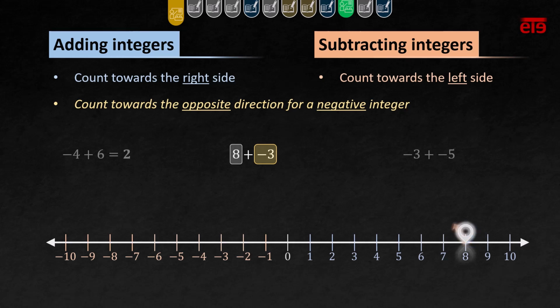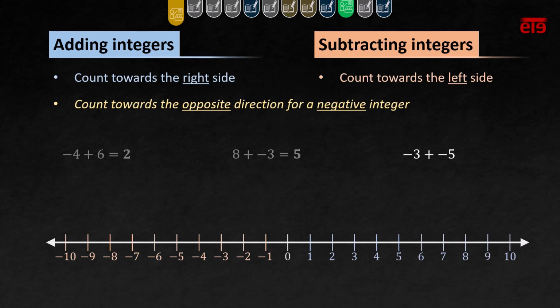So, instead of counting towards the right, we have to count towards the left. It is the same as subtraction. So, 8 plus negative 3 is the same as 8 subtract 3. Count 3 steps and we are now at 5. The answer for 8 plus negative 3 is 5.